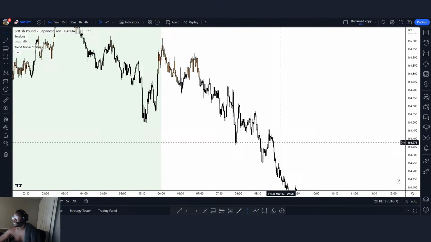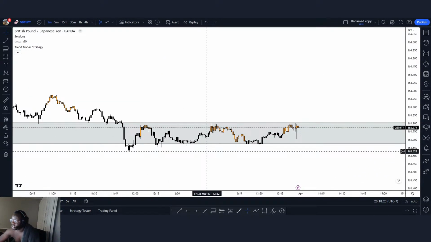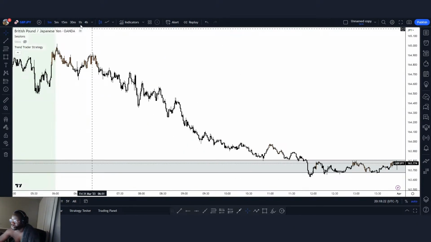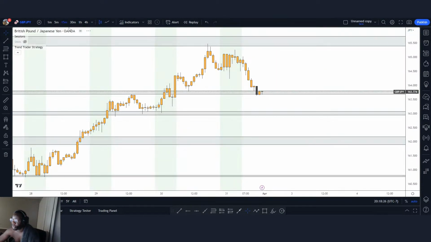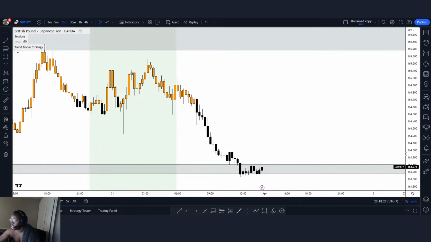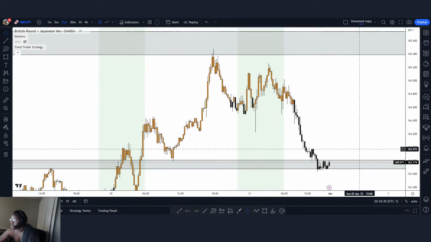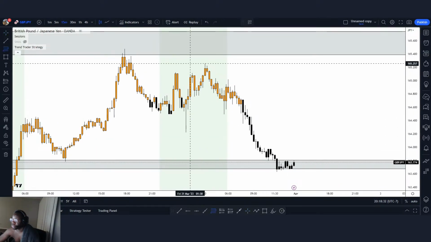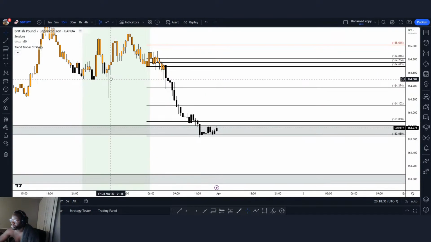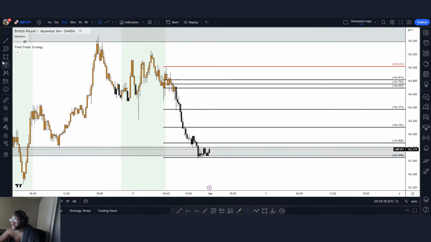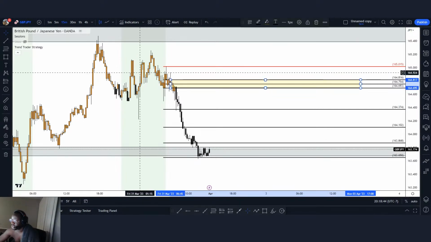So what I'm going to be looking for during the London session on Monday is most likely price is going to give a sell opportunity. Now, I will be drawing my supply zone. Most likely this one, and if this one doesn't play out, and this is if the market is going to be sells, but it looks like it will.